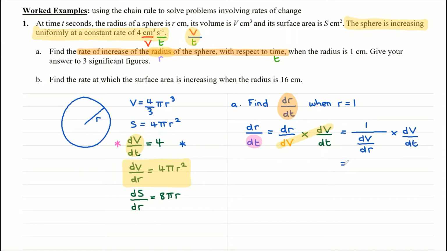Okay, so this is going to be 1 over 4 pi r squared multiplied by 4. The 4's will cancel. So that's gone and that's gone. So we're left with 1 over pi r squared.